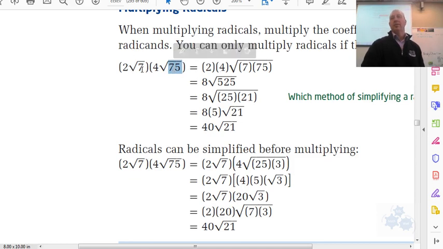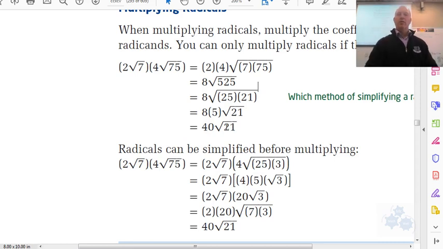So root 7 times root 75 would be the same as the square root of the product, 7 times 75. When you get to this point, they're multiplied, but they're still separate. You might have to simplify the radical part. So root 525 has a perfect square factor of 25.